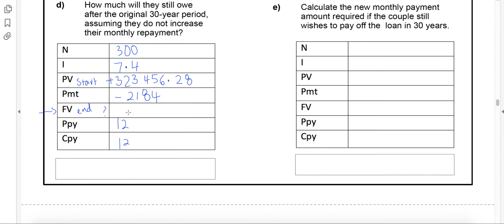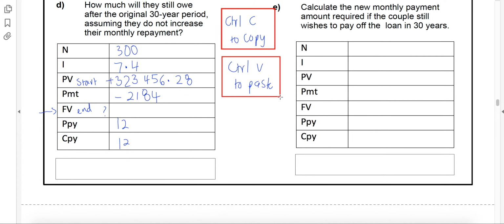So once you've got that highlighted on your calculator, you can press Control C and then you can bring it up to this cell and press Control V to paste. So if you want to write that down, Control C to copy when it's highlighted and Control V to paste. So it's the same as on a regular keyboard, of course. Might just put that little box around there. Now, I might show you that with the next example just so you do see a visual of it.